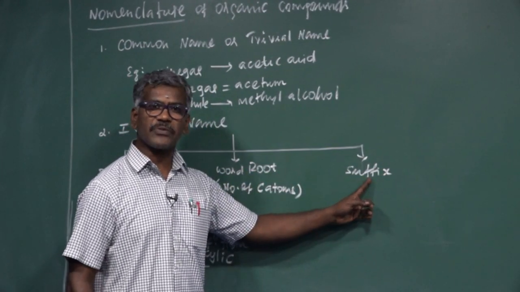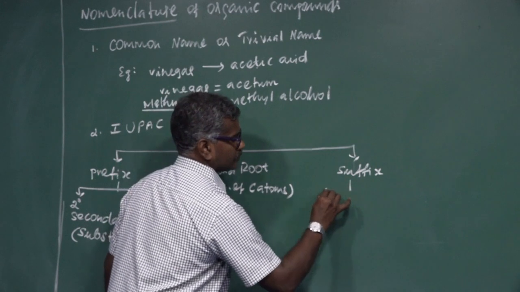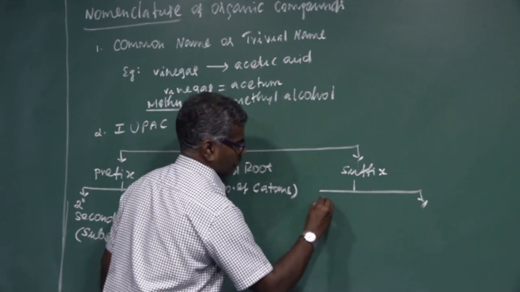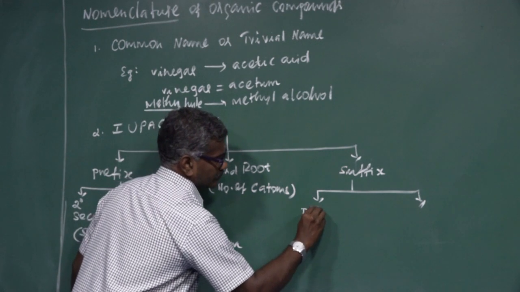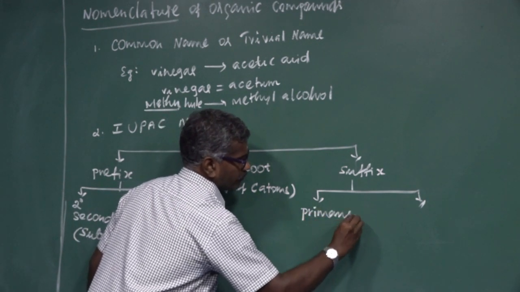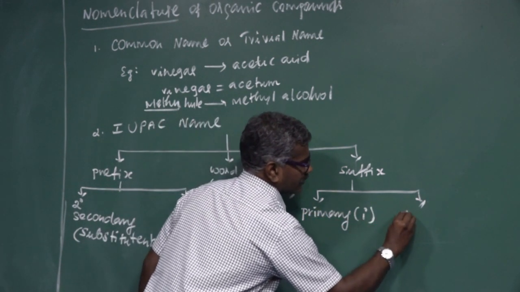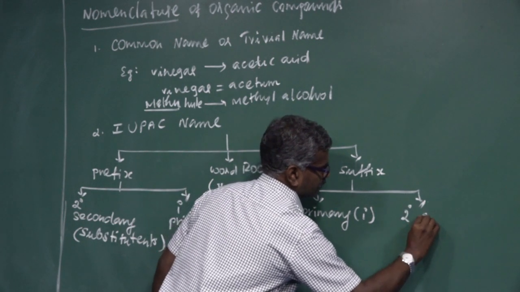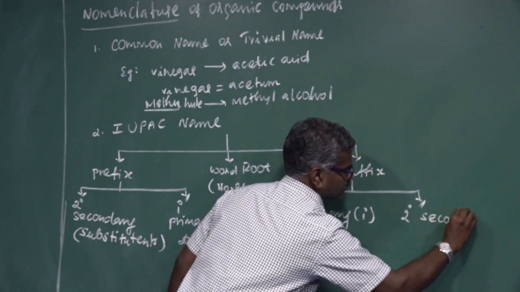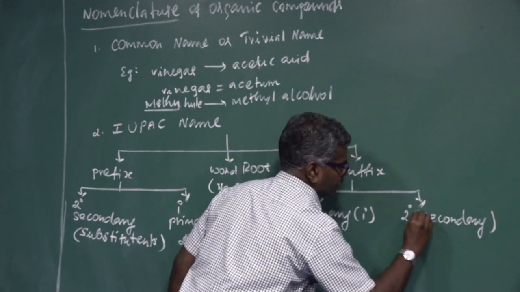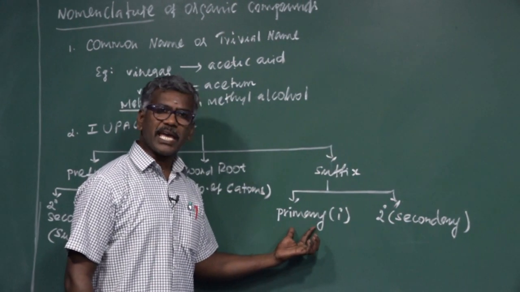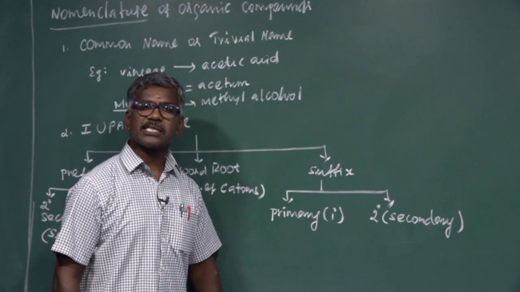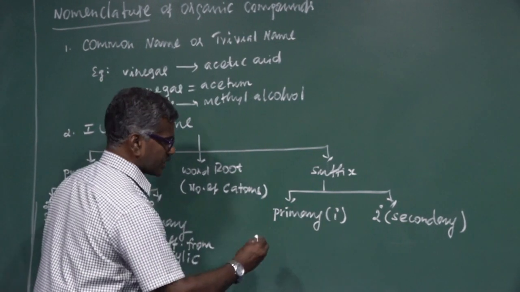These can be classified into two types: primary and secondary. What is the meaning of primary? This indicates whether the chain is saturated or unsaturated.